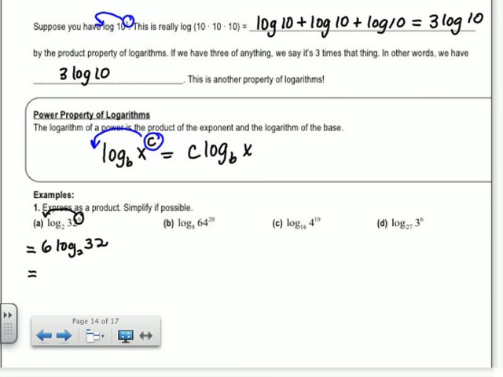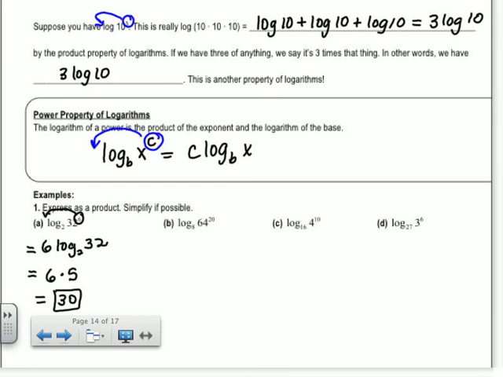Is there anything else you know how to do? 2 to some power equals 32. What would that power have to be? Can you do that one in your head? It's 5. So this whole thing is 5. So it's 6 times 5, which is just 30. So your answer is 30.